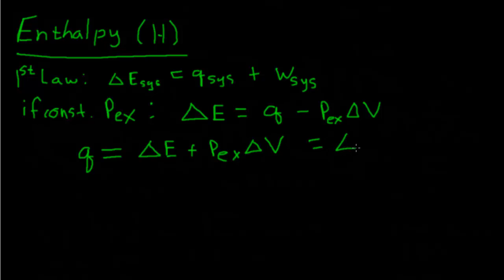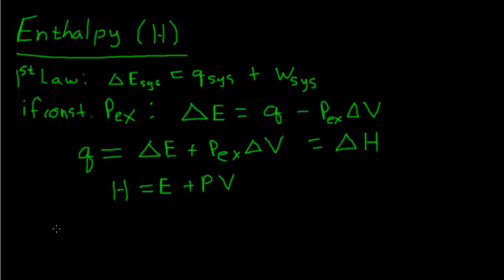This is equal to delta H, where H is this new collection of state functions that we call enthalpy. So we can write a definition. What is H? How does it relate to these other things? H is equal to energy plus pressure times volume. That's enthalpy.